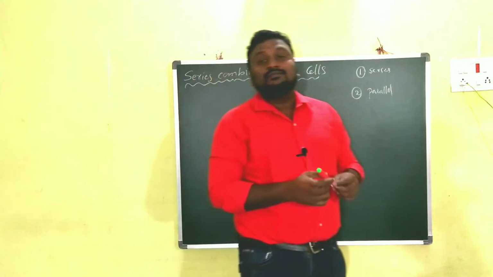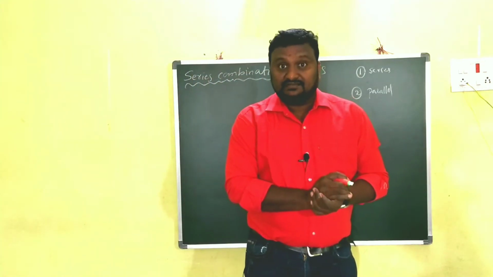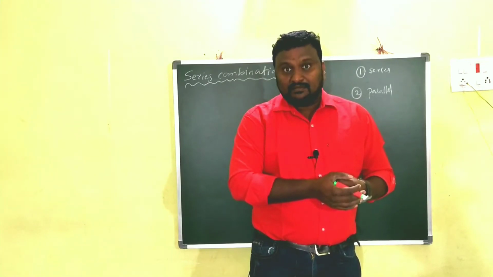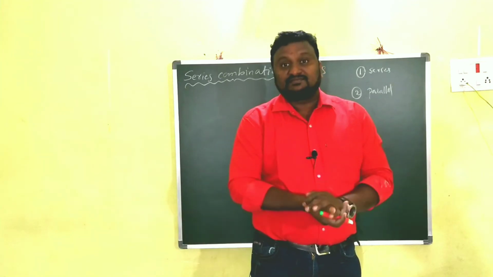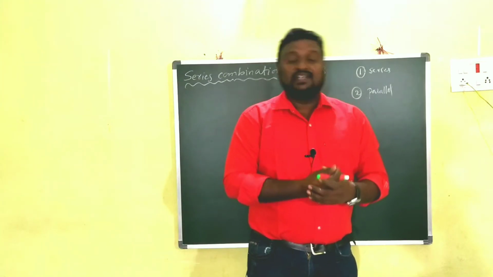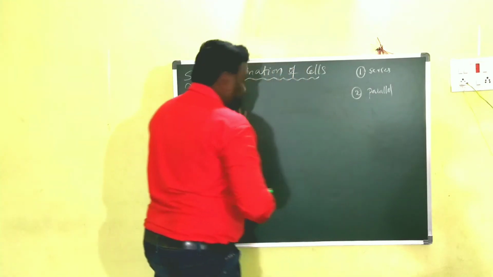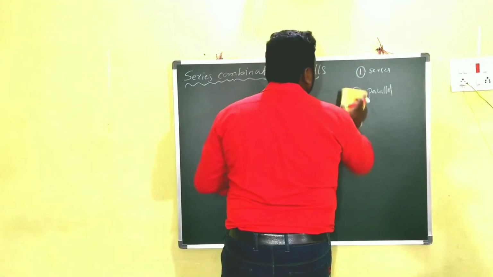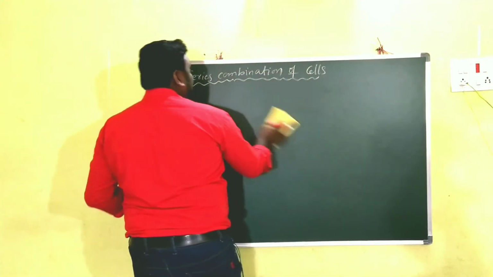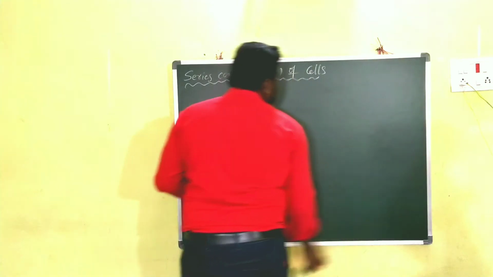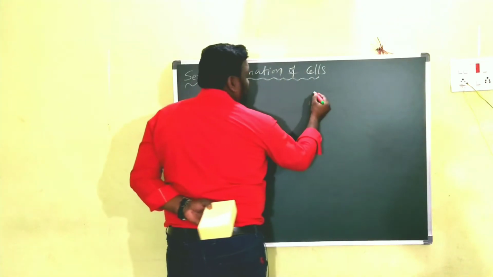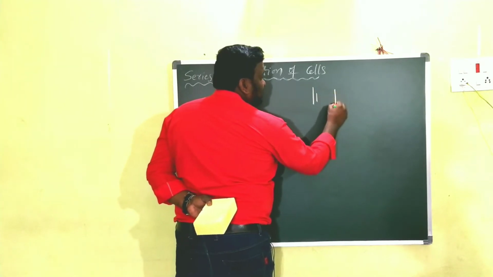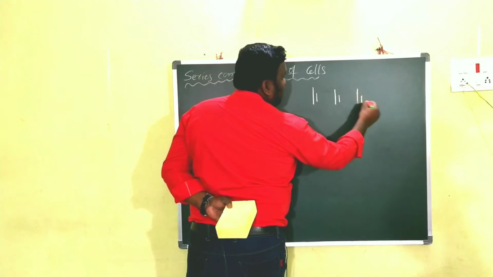So now we will go for the series combination of cells. Under which conditions do we use the series combination of cells, and when is it useful? Let us discuss. Children, here we take a number of cells which have the same EMF and the same internal resistance. This is the first cell, second cell, third cell, and so on.